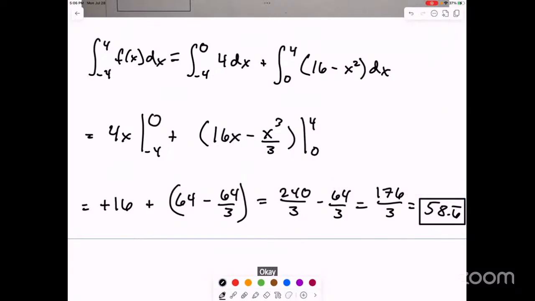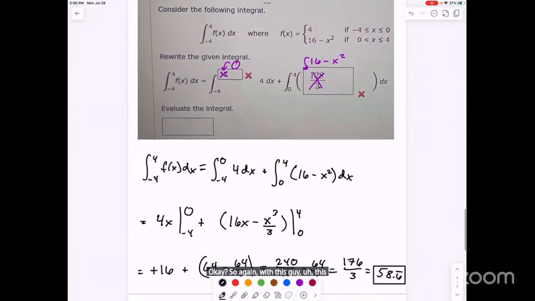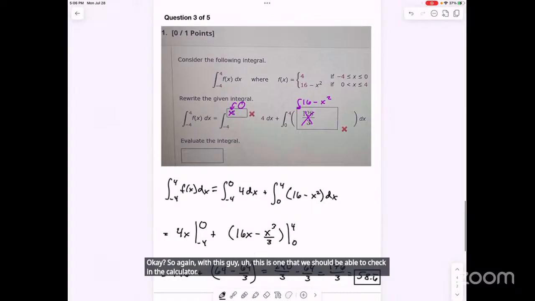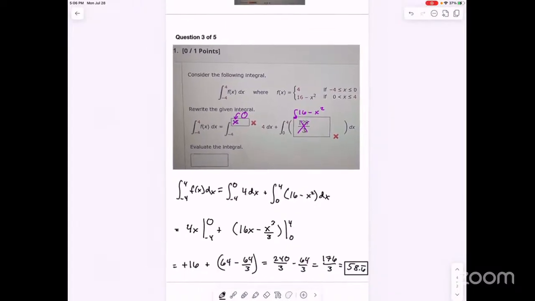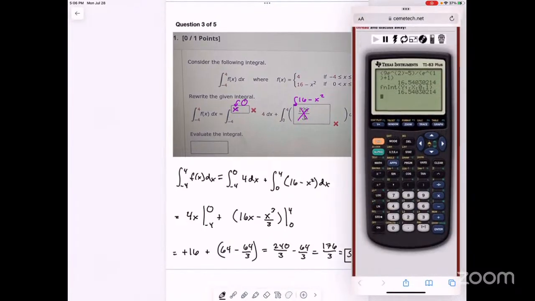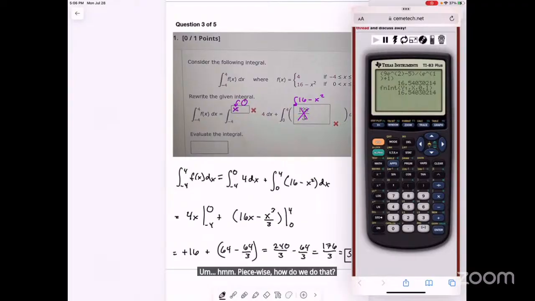Okay. So again, this is one that we should be able to check in the calculator. So I think that's what I'm going to do. Piecewise, how do we do that? There is a way to do it, I just have to think about it.